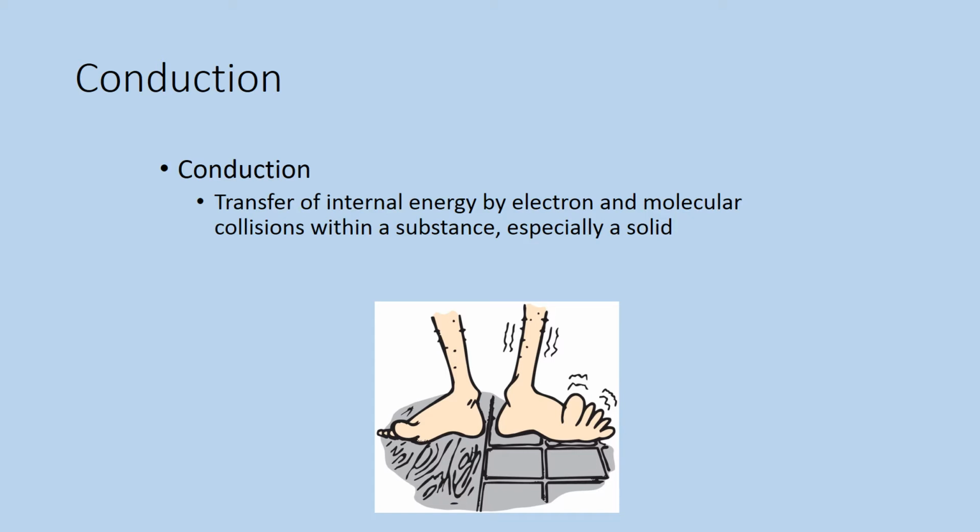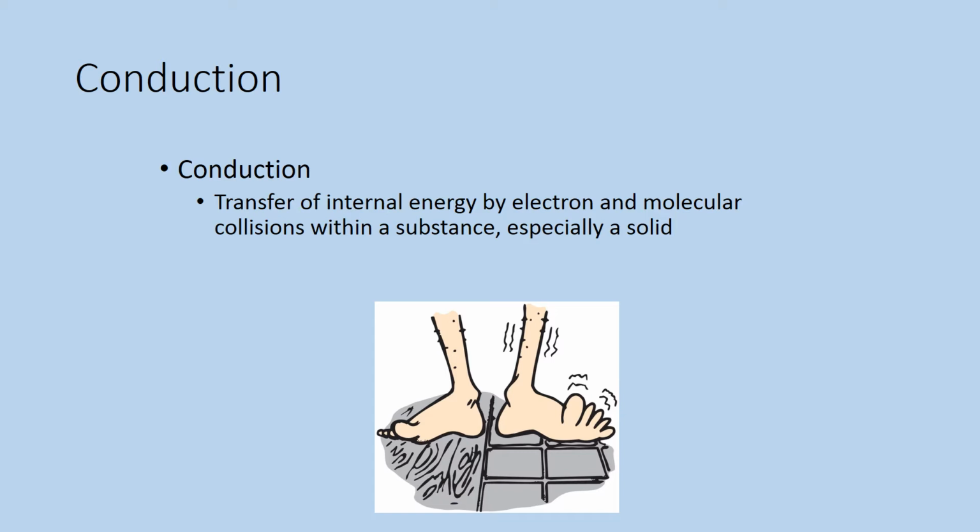An example would be on a hot summer day in which the concrete reaches a higher temperature than the grass because it has a lower specific heat capacity. And therefore, the person's left foot begins to feel the effects of the heat from the hotter bricks or cement more than is felt from the grass.